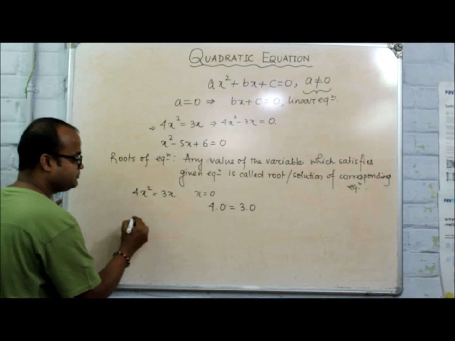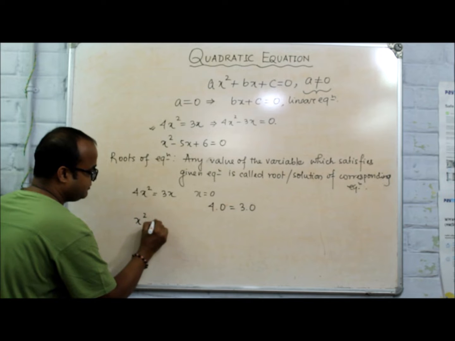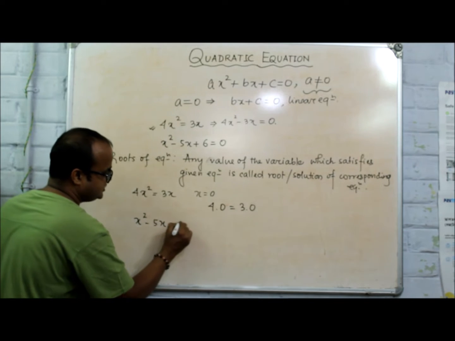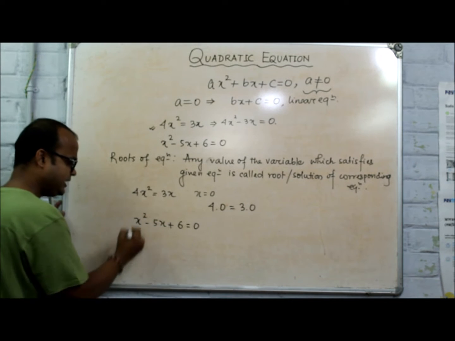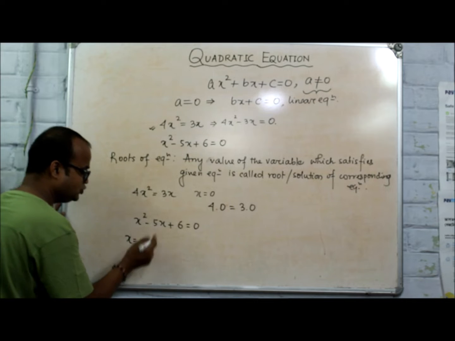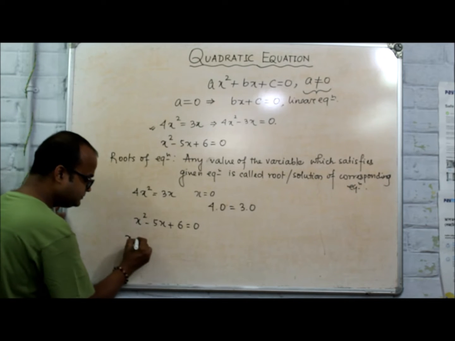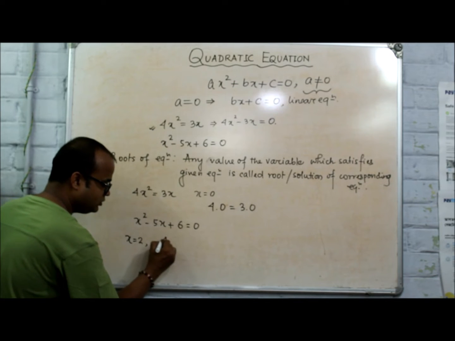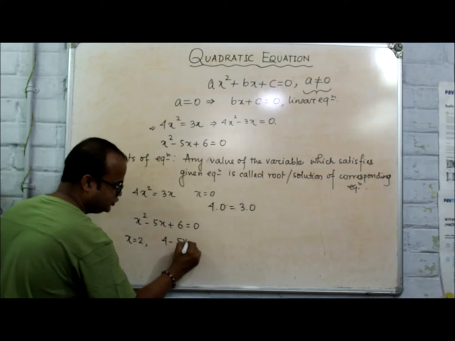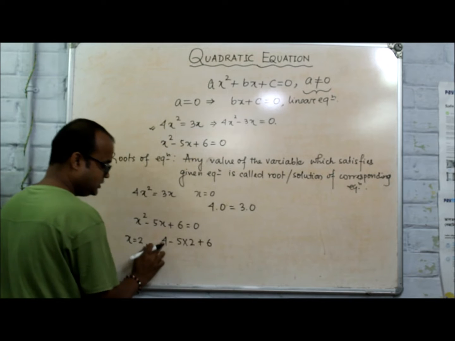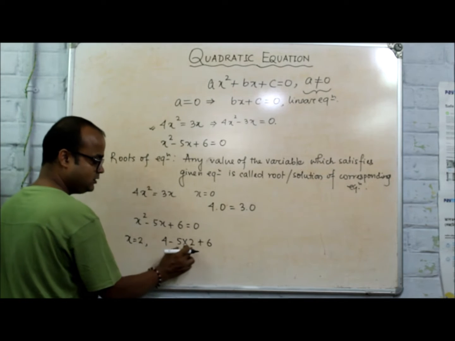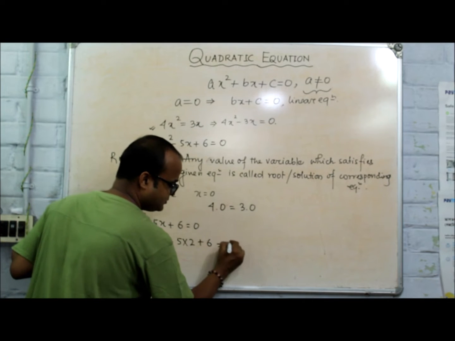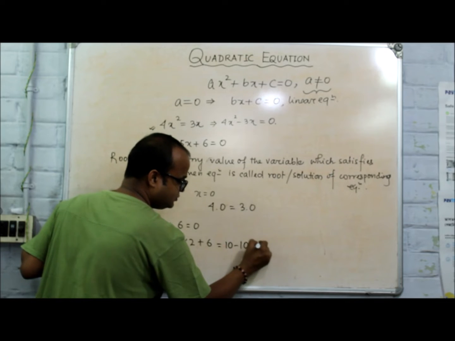If we take this example, x square minus 5x plus 6 is equal to 0, and if you substitute x is equal to, for example, 2, then 2 square means 4, minus 5 into 2, plus 6: 4 plus 6, 10, minus 10 is equal to 0.